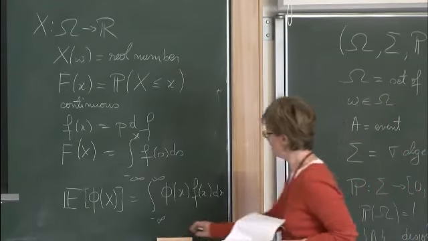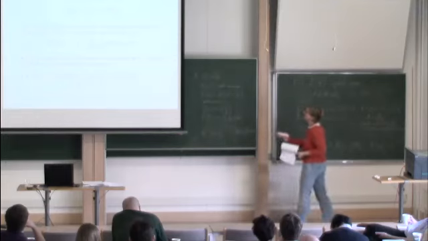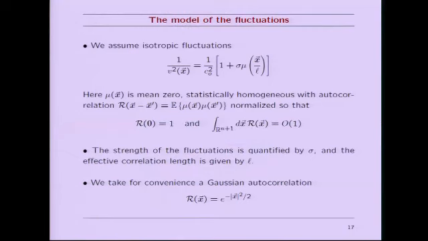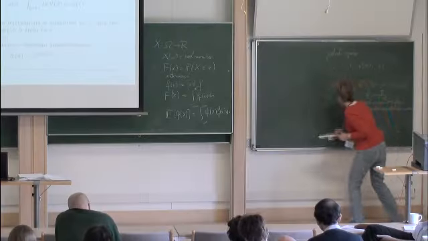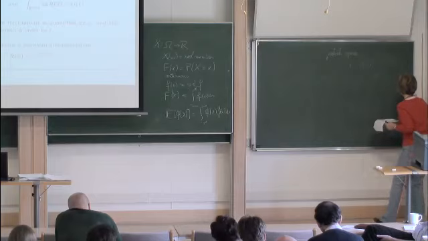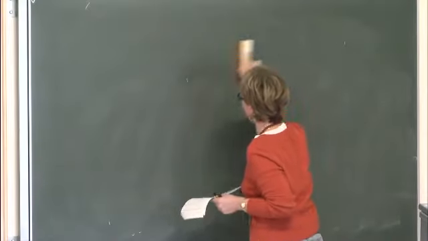Now, of course, here the fluctuations, I model them with this mu. That's what we call a random process. So what is a process? A process is nothing else but sort of parameterized random variables. You can think of them like that.